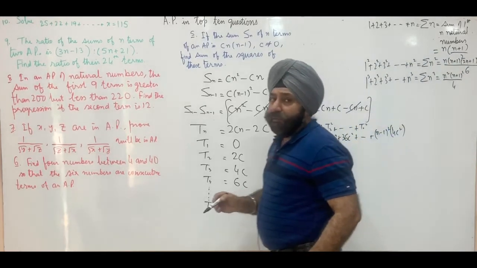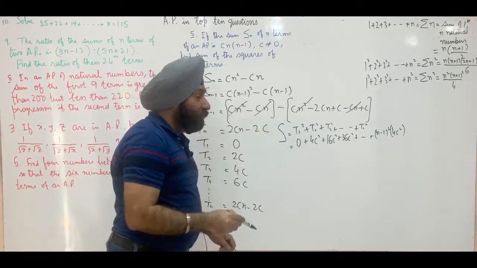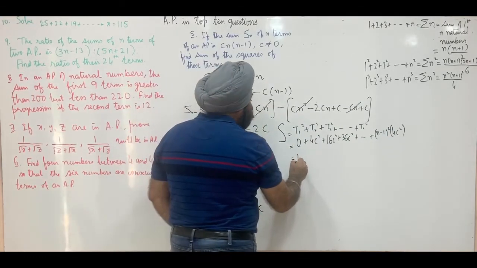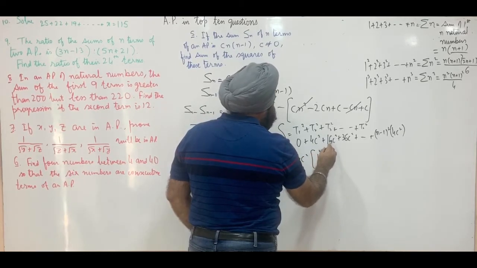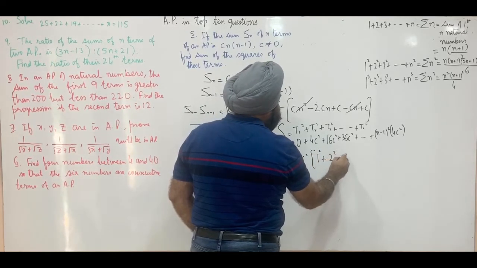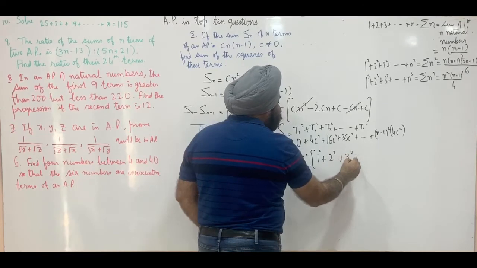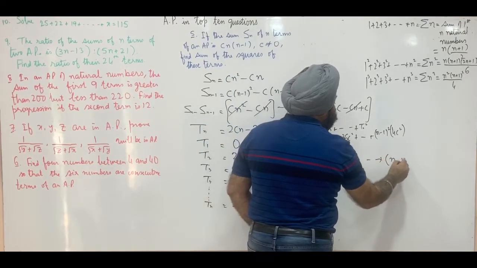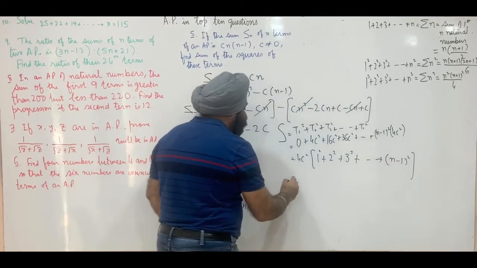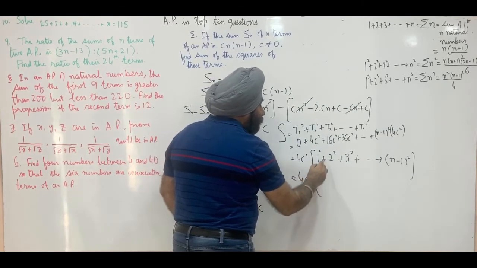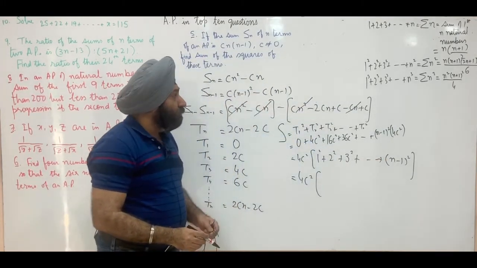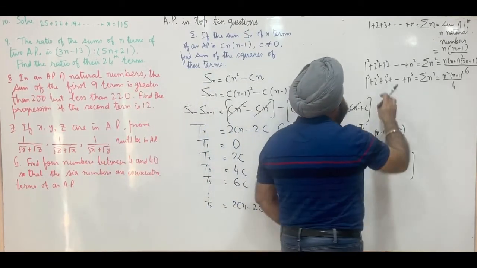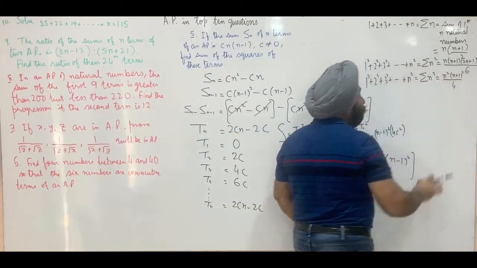And how do we find out sum? We will use that result. We take 4c square common, inside we have 1, or we can write 1 square, plus we have 4 is 2 square, plus 9 is 3 square and so on up to (n minus 1) whole square. This is 4c square. And what is 1 square plus 2 square plus 3 square up to (n minus 1) whole square? For up to n square, this is the formula.